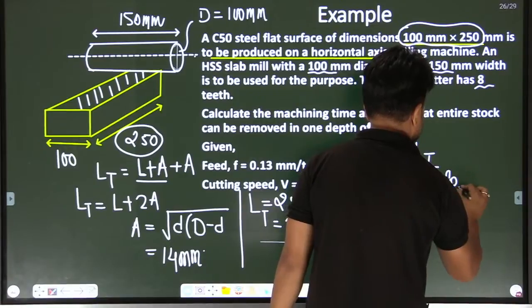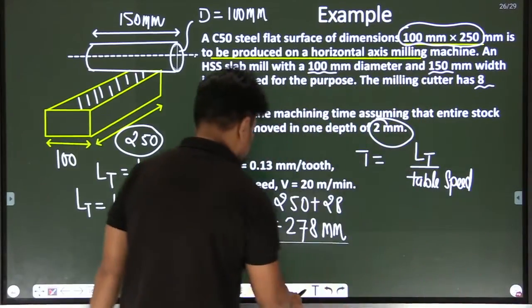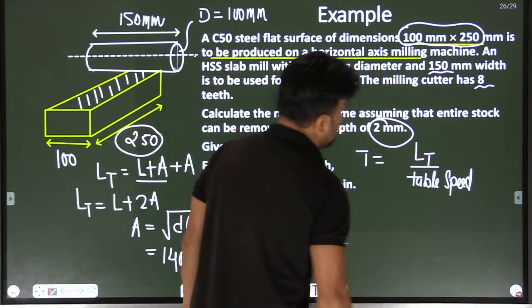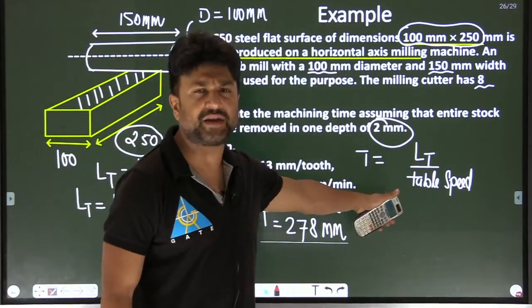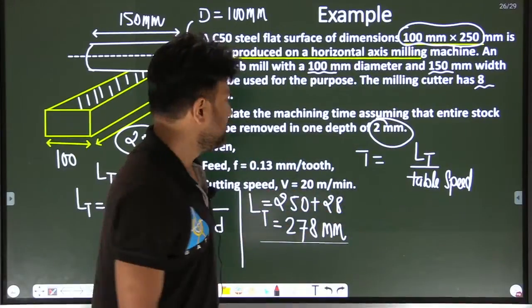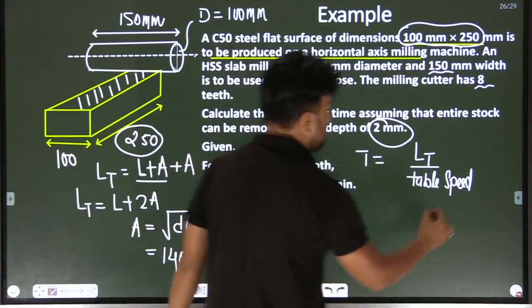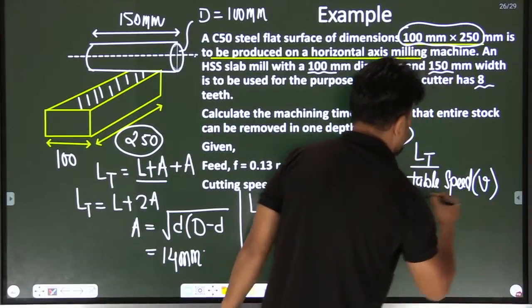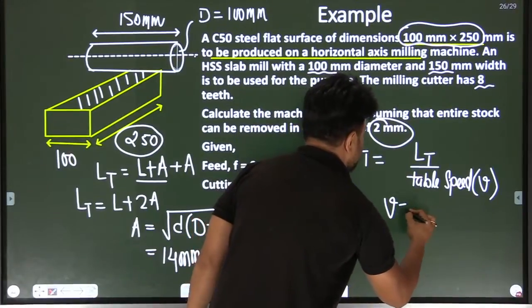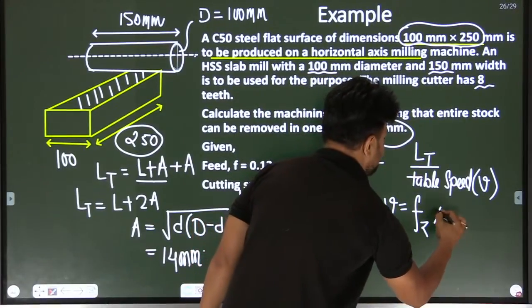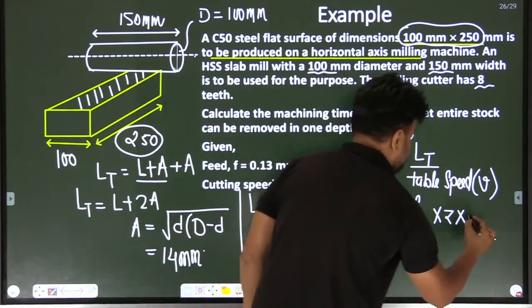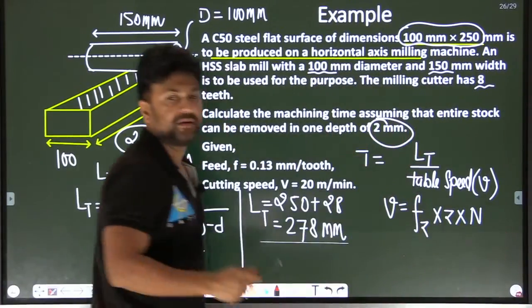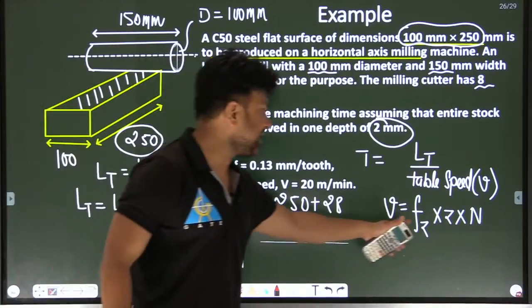Table speed I represent by small v. So you know table speed is Fz into Z into RPM. Yes or no? Tell me, is that clear?